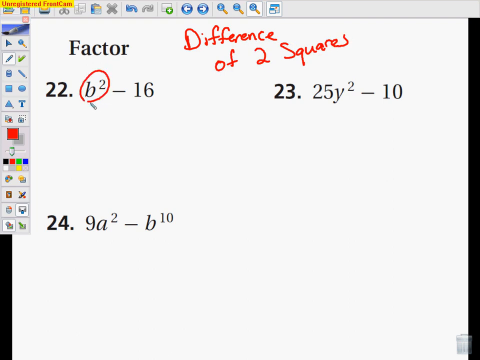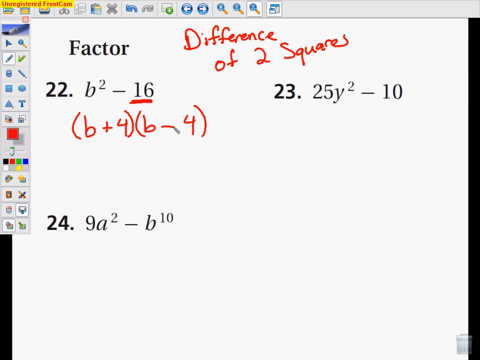If you have two perfect squares that are being subtracted, that's why it's called a difference, then what you would do is you take the square root of the first one and you put it in the first position of your two parentheses. You take the square root of the next one and you put it in the next position of both parentheses. And then one becomes a plus, one becomes a minus. Simple as that.